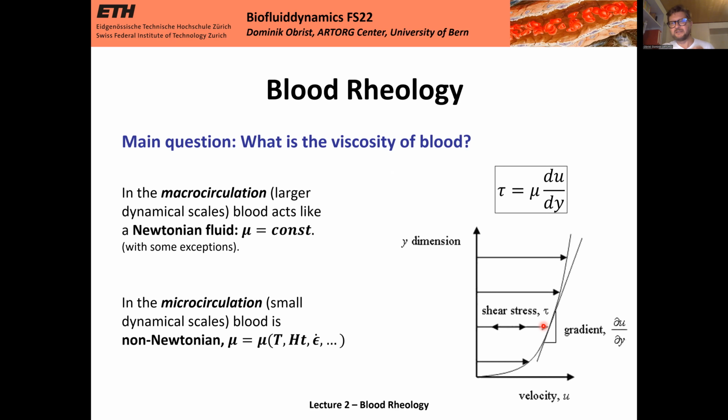It is known that the shear stress tau acting inside the fluid, between two fluid elements, is proportional to the shear rate. This proportionality is described by the proportionality factor mu, and that mu is defined as the viscosity, the dynamic viscosity to be precise.